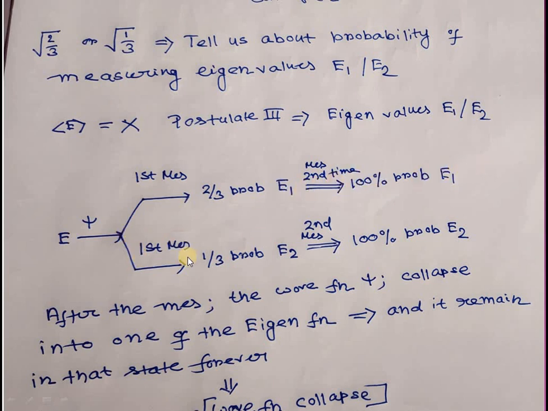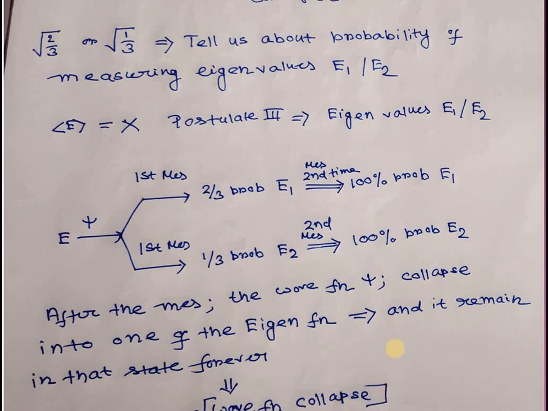Similarly, if at the first measurement you get E2, then if you measure 100 times, each time you will obtain only E2, because this state after the first measurement will collapse into either psi1 or psi2. So that's why each time you will get the same value. This phenomenon is called wave function collapse.